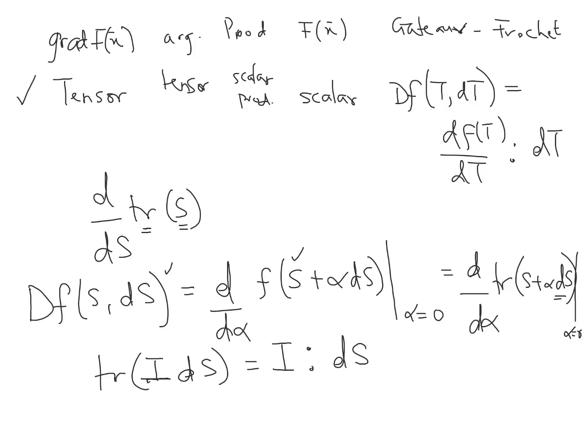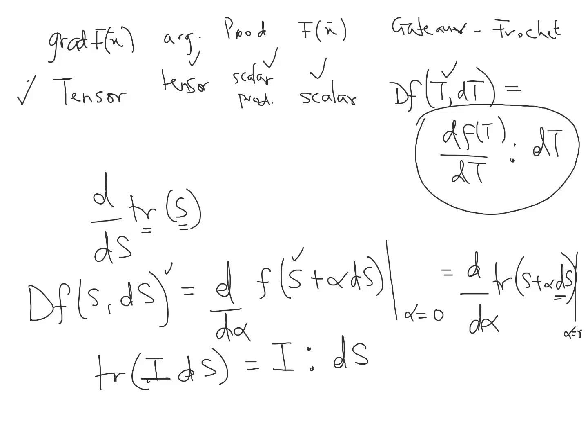Okay, good. Now let's look at our table. Can we see this? But in our case, we have our Gateau differential. We have our products. We have the type of function, and we have the arguments.